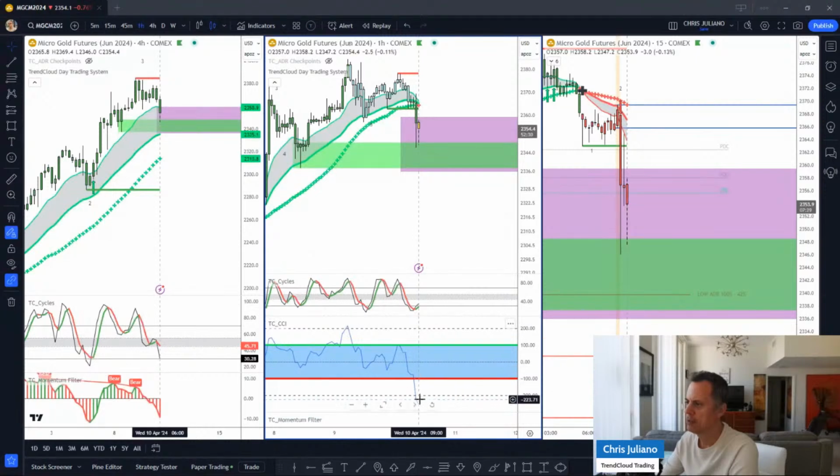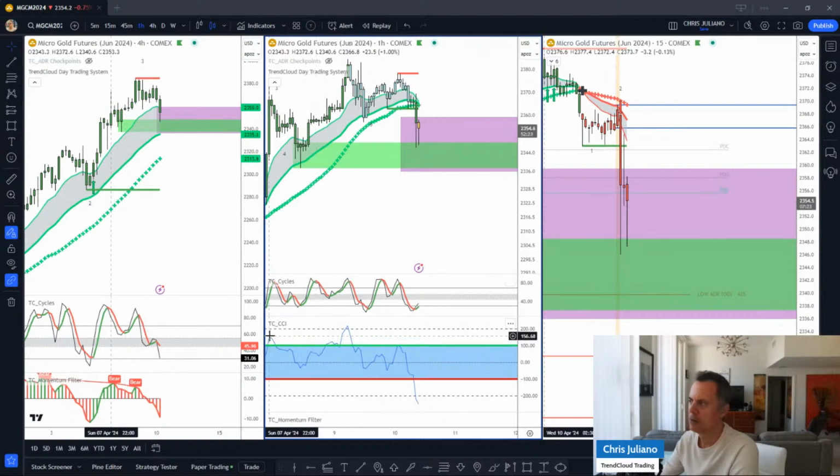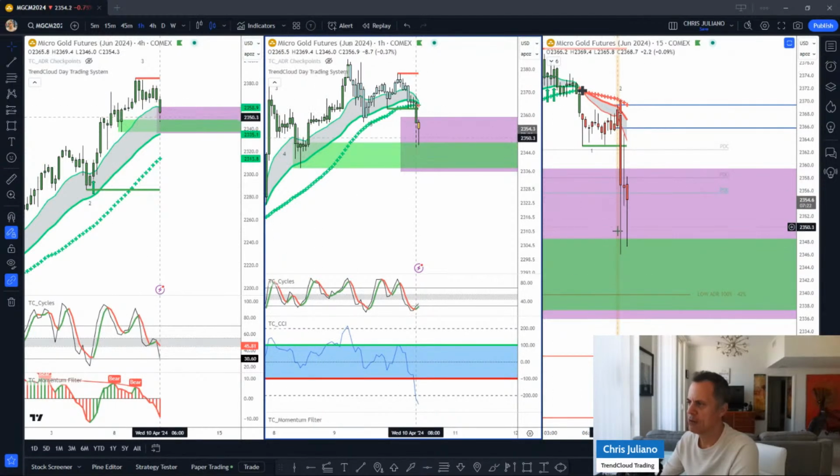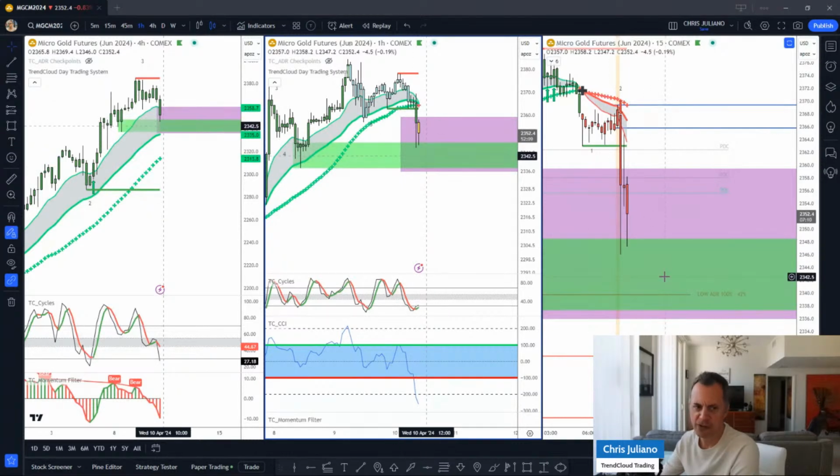Cycling down, and a lot of downward momentum on that CCI indicator. All of the force right now is going to the downside, and that does not put you in a good position to take this trade. And why is that?